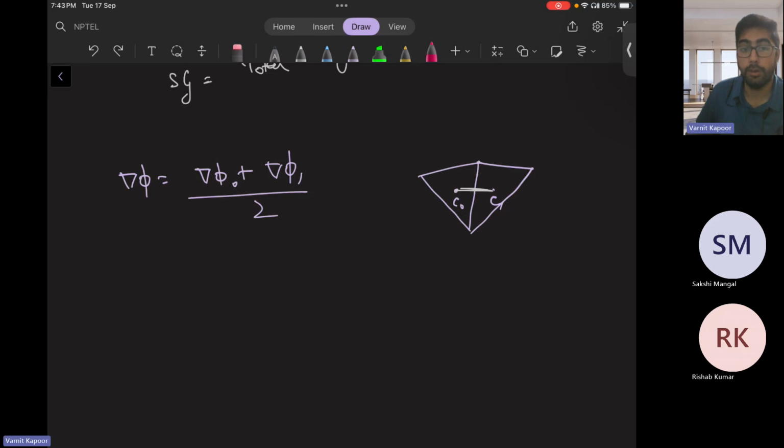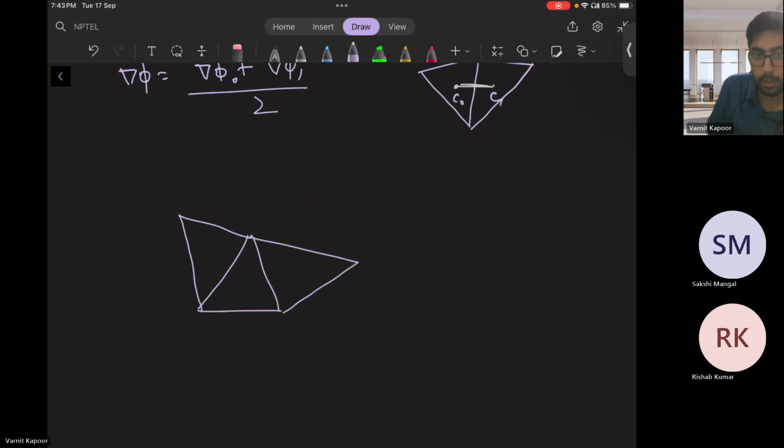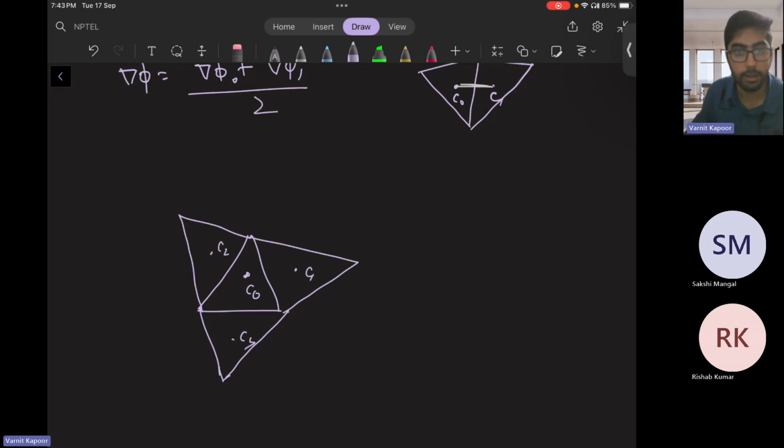Now suppose you have a non-orthogonal mesh, and your cell looks something like this. Here it is C0, here C1, here C2, here C3.